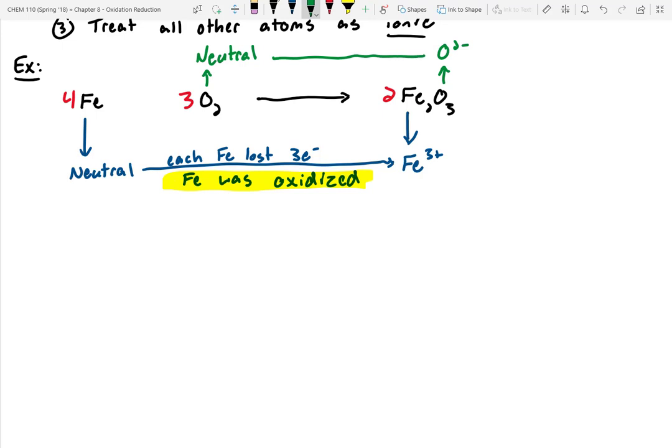If we do the same thing here, it looks like each oxygen gained 2 electrons. That means that oxygen was reduced. That's the key feature in these reactions. They're often called redox reactions because one half of it is being oxidized and the other half is being reduced. Typically you have this transference going on. Does that make sense?